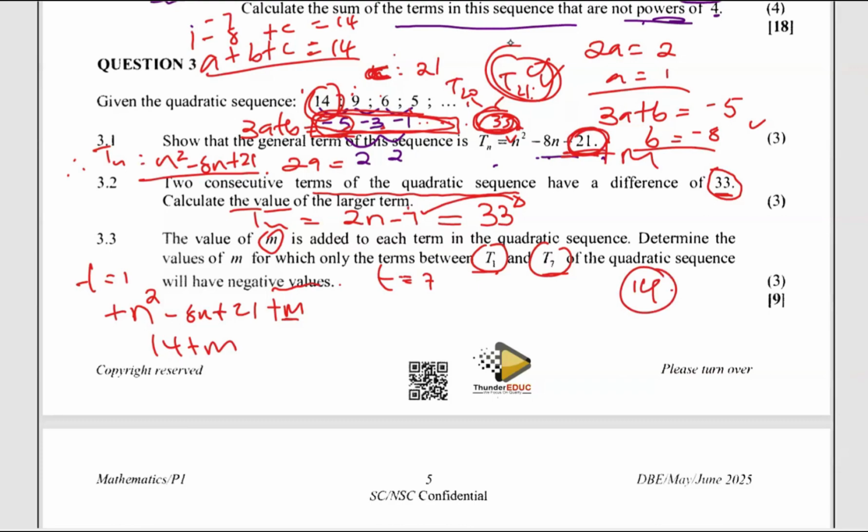So if the C value is 21, it simply tells me that my m is going to be a value between the 14 as well as the 21. Okay, 14 being that we got it from the first term, and then 21 being the constant term. So I'll come down and say that 14 must be less or equal to m, less or equal to 21. So that's how I would have obtained that.